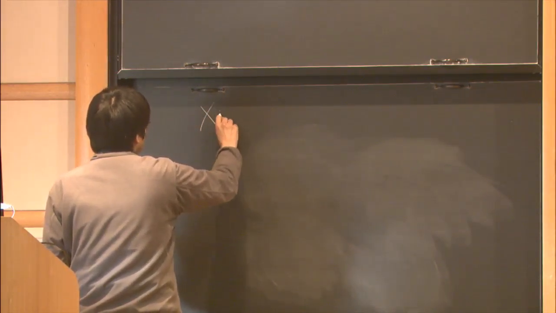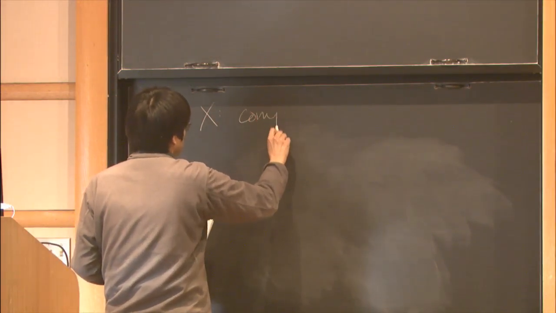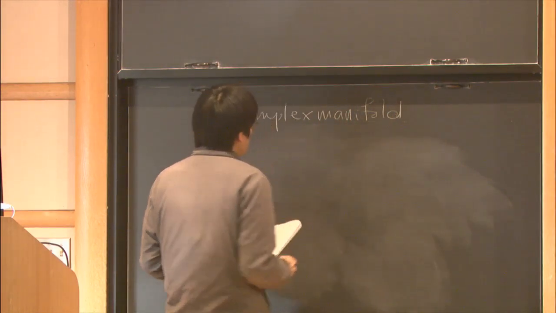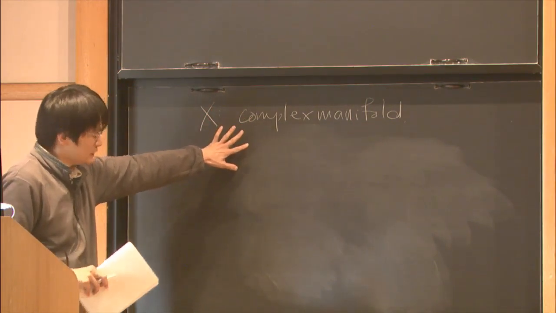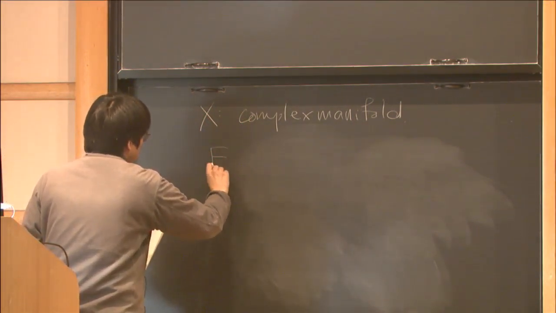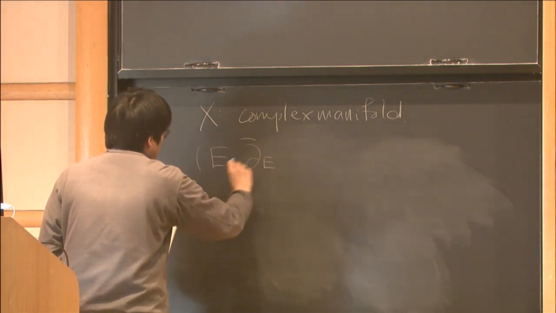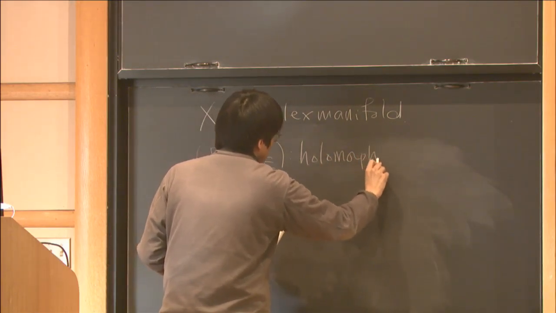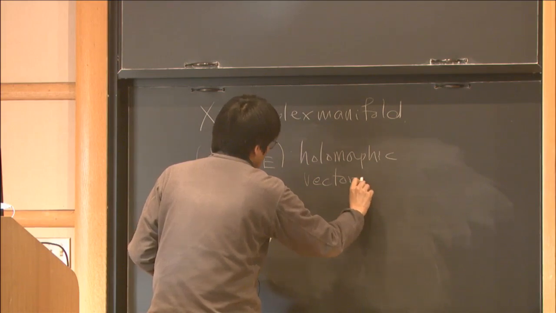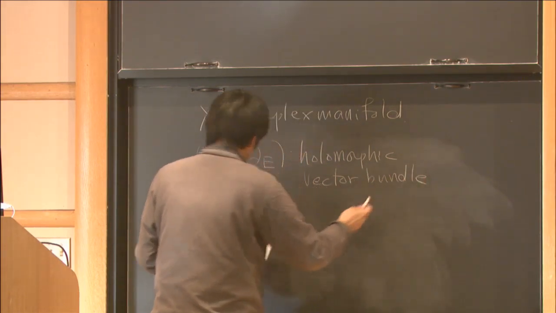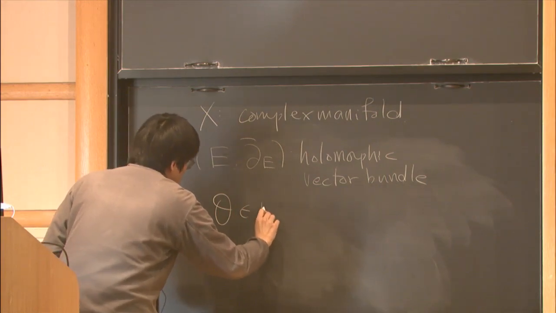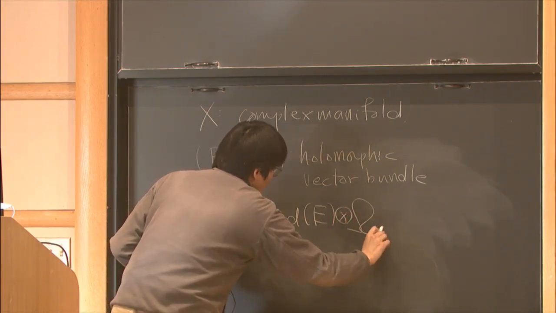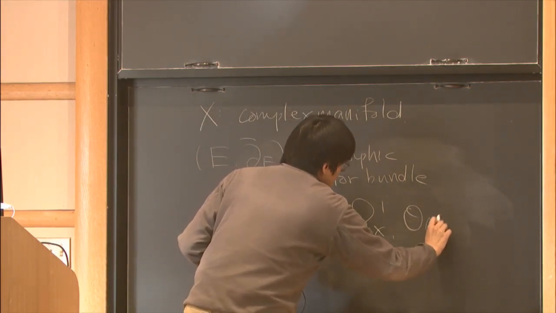Let X be a complex manifold, of arbitrary dimension n, and we consider a holomorphic vector bundle E. And theta denotes the Higgs field, which is a holomorphic section of End(E) tensor Omega_X^1 such that theta squared equals 0.